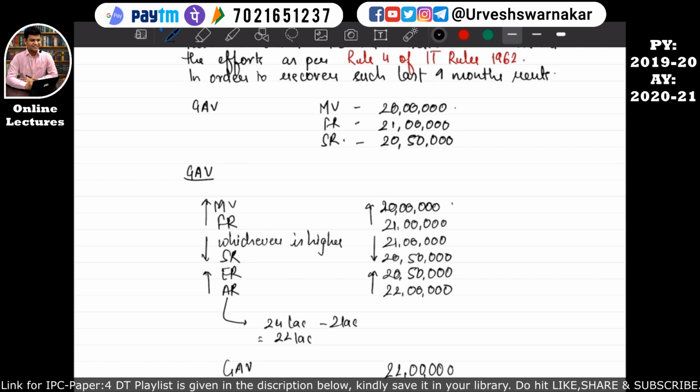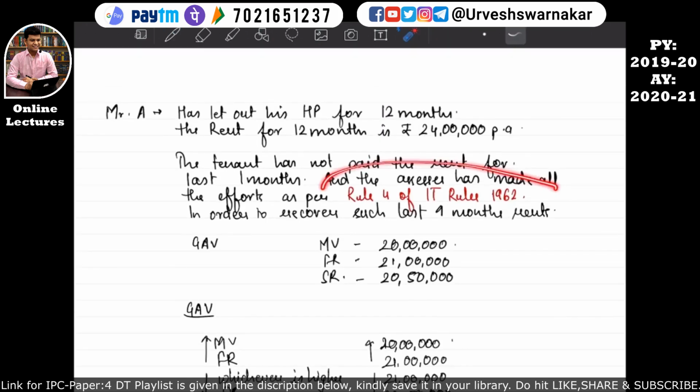So you all might be thinking why I have written this rule 4 of Income Tax Rules 1962 in red. Because if any tenant is not paying rent to the assessee, then this assessee has to take help of rule 4. In rule 4 they have given certain things that an assessee can do in order to receive his rent.